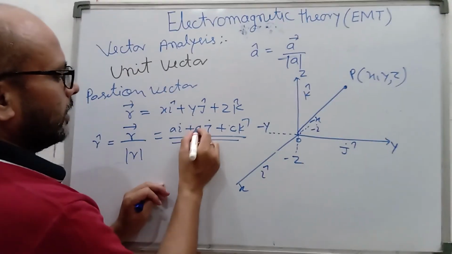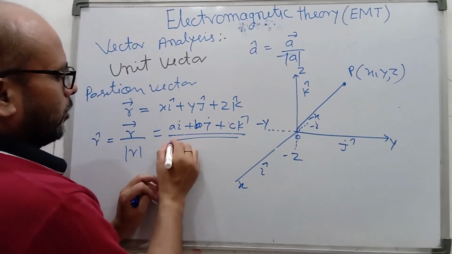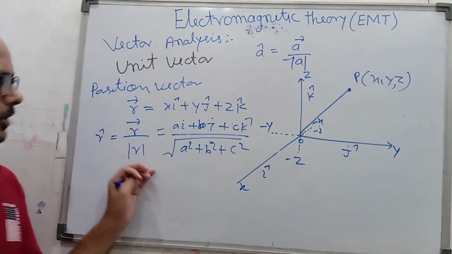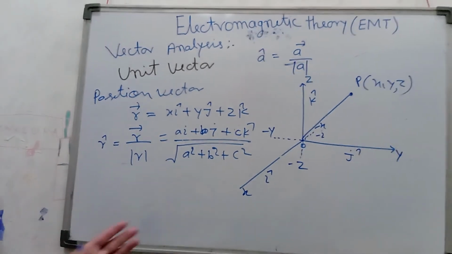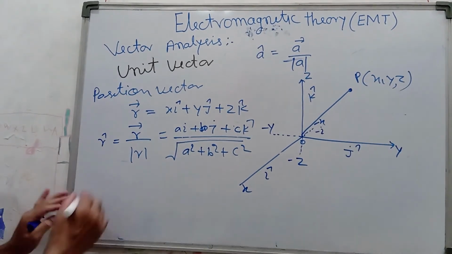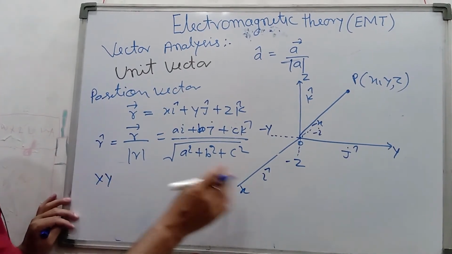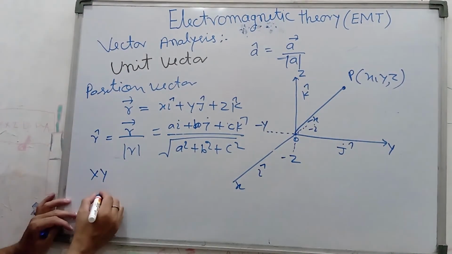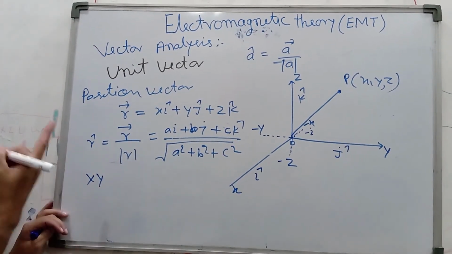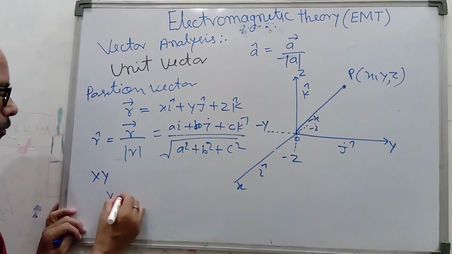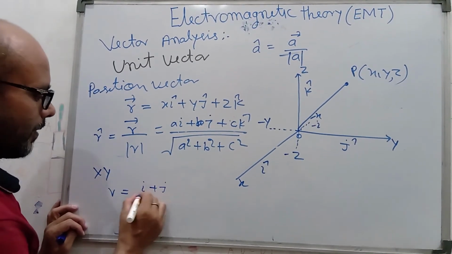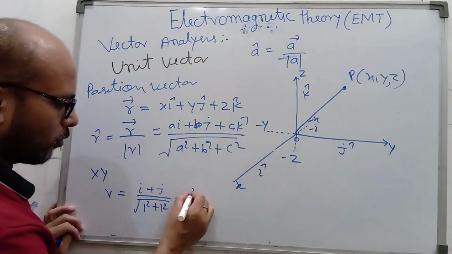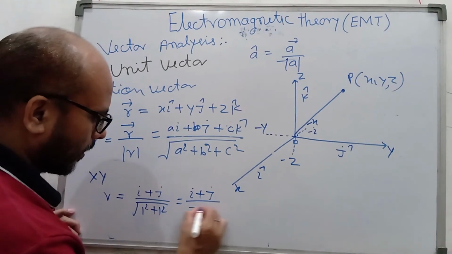Similarly the magnitude is under root a square plus b square plus c square. In the same way, to find the unit vector in the xy plane, yz plane, zx plane: xy plane means I cap plus J cap, so the unit vector is I cap plus J cap upon modulus under root 1 square plus 1 square, equal to I cap plus J cap upon under root 2.